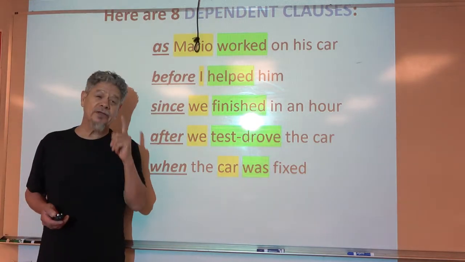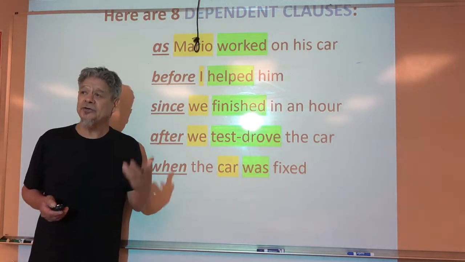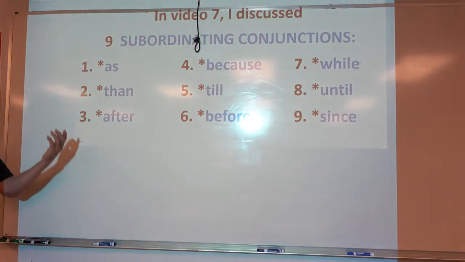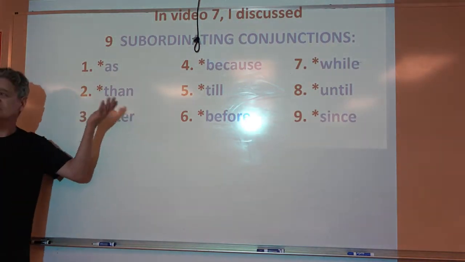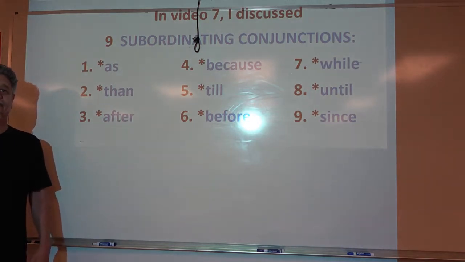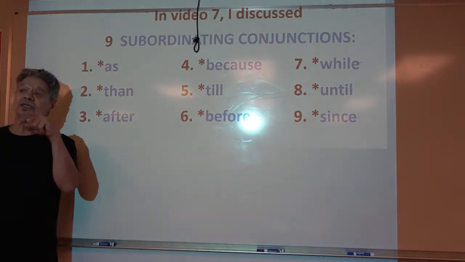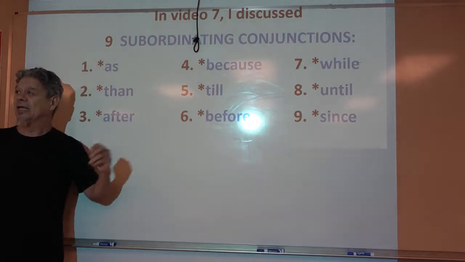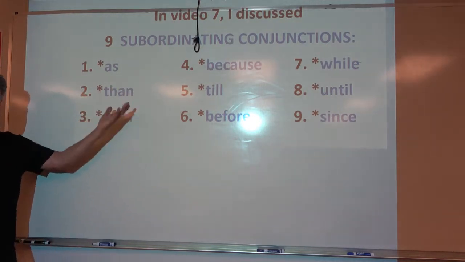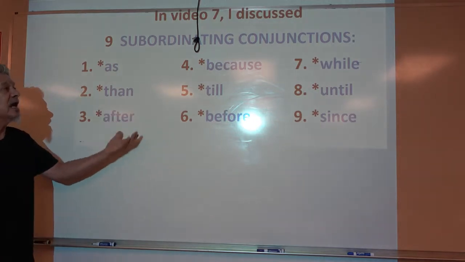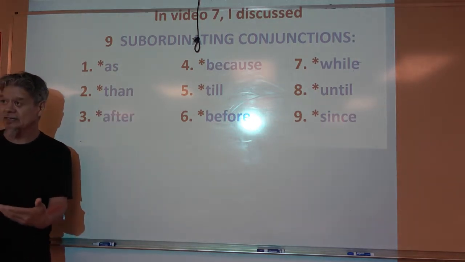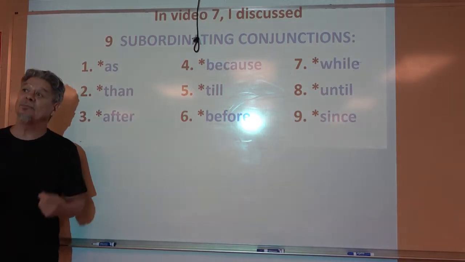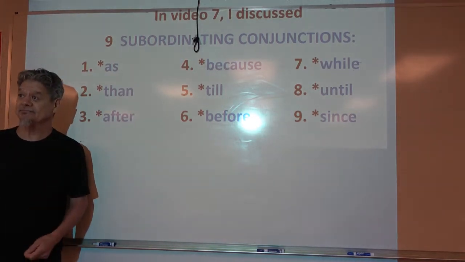Now, in video 7, I introduced 9 subordinating conjunctions. Video 7 dealt with prepositional phrases, prepositions. And I introduced these 9 because these 9 words can be prepositions and they can also be subordinating conjunctions.